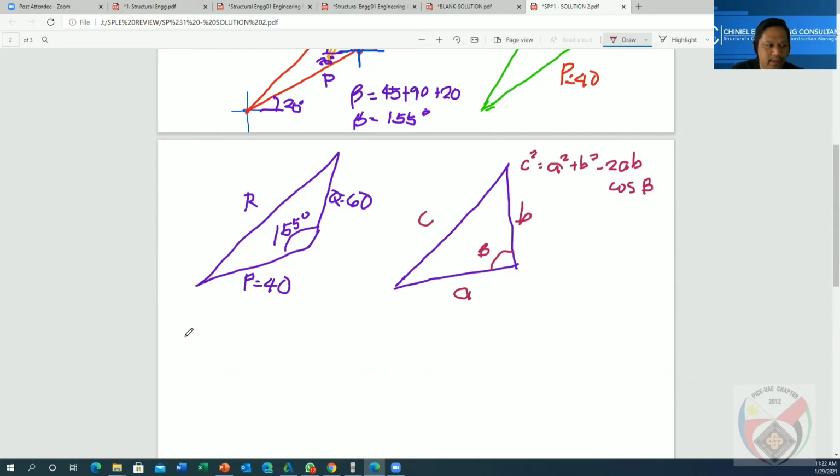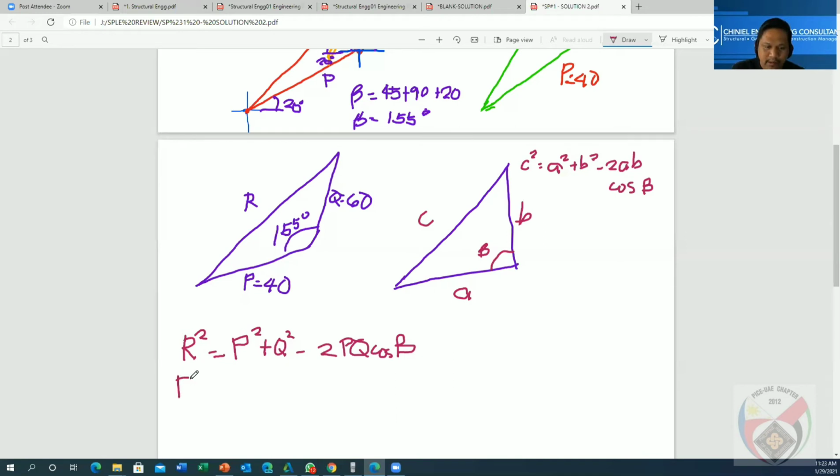So R squared equals P squared plus Q squared minus 2PQ cosine beta. Tama ba?